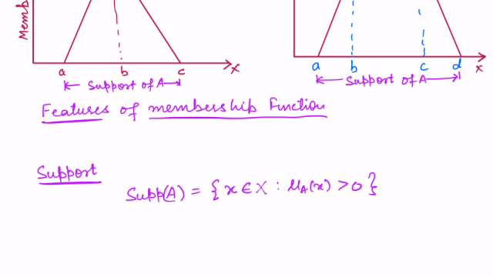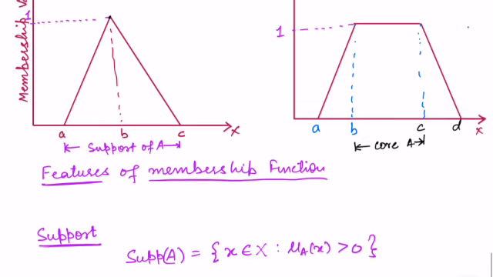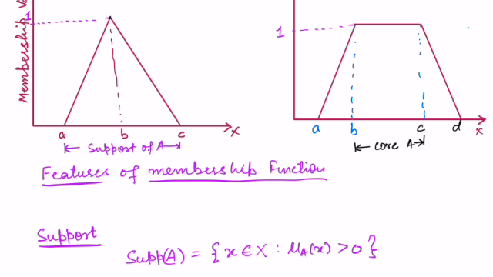Okay, so the next feature which we'll be discussing is core. The core in a trapezoidal fuzzy set is this. In a triangular fuzzy set, what is the core?